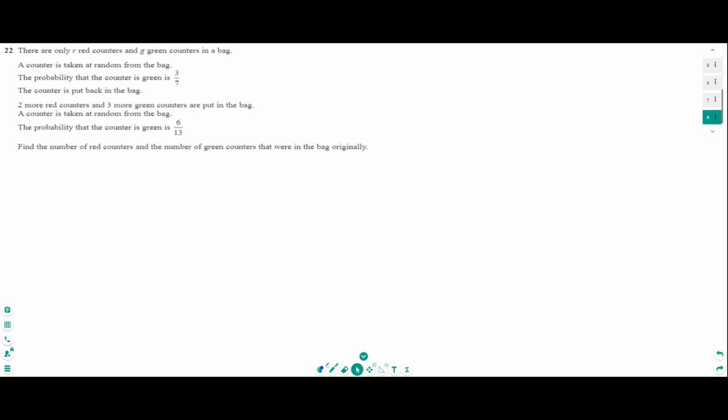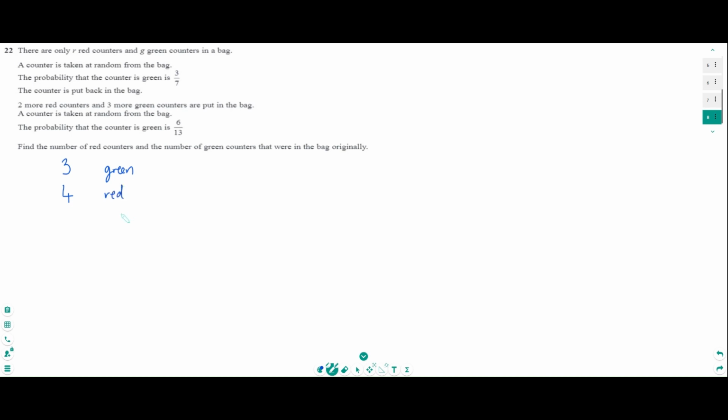Right, so what do we have at the beginning? Well, the probability that the counter is green is 3/7. Now, there are only green and only red counters in the bag, so we could have 3 green and we could have 4 red.